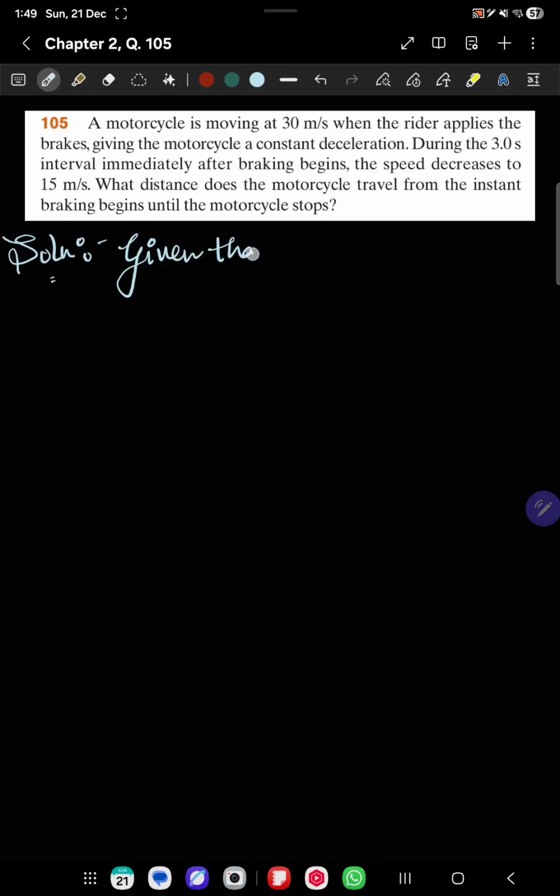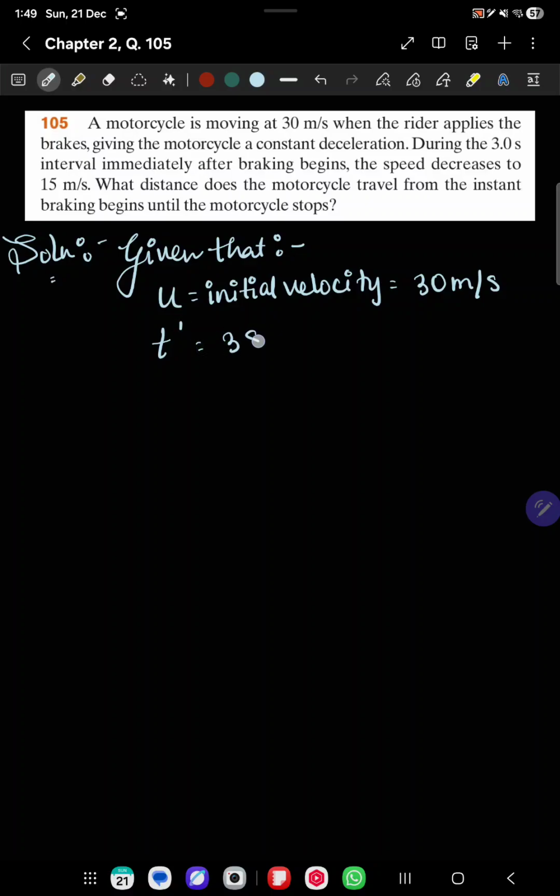So given that, initial velocity, which is u, it's 30 meter per second, right? And the time that has been given to us, let's write it as t dash, it's 3 second.